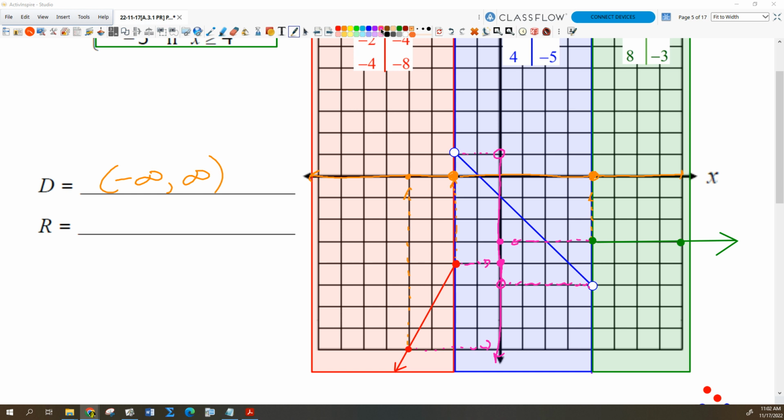Doesn't that just give us everything from -infinity up to, but not including +1? Does that make sense? So the range of this piecewise function extends from -infinity at the bottom up to +1 with a parenthesis, though, because it's an open endpoint.